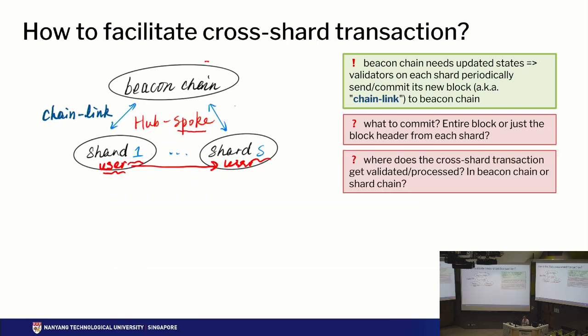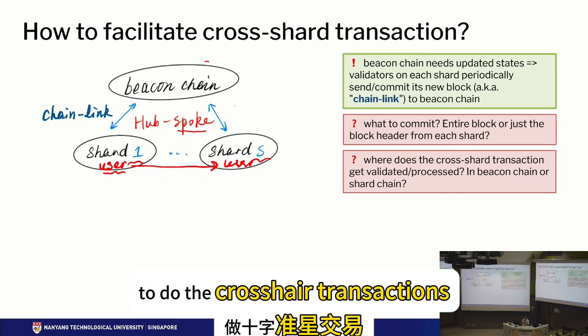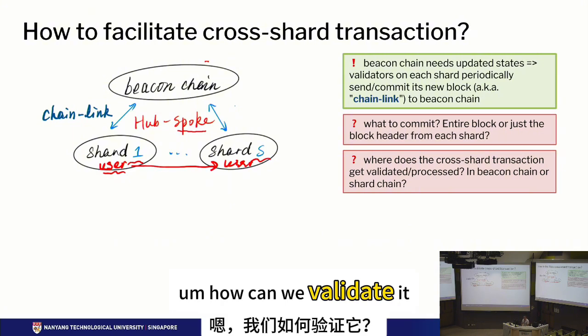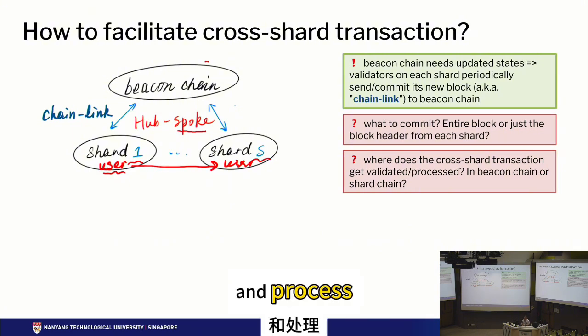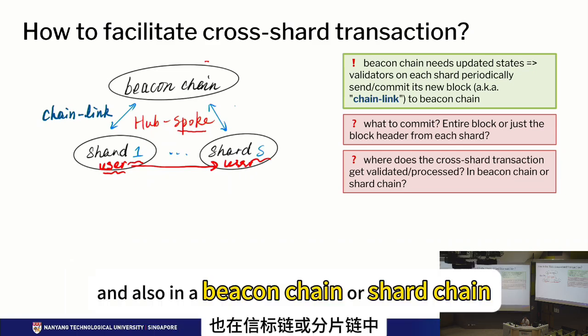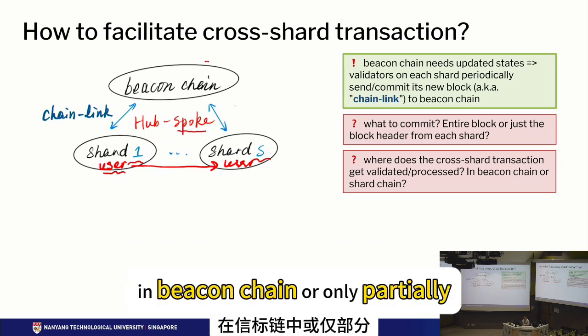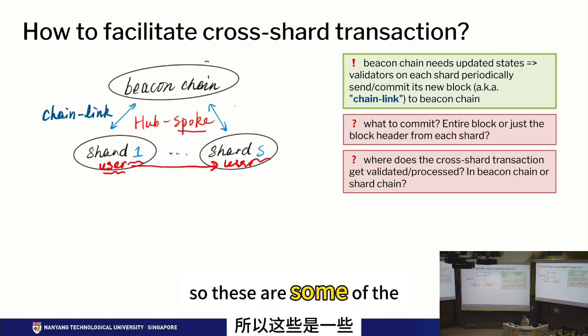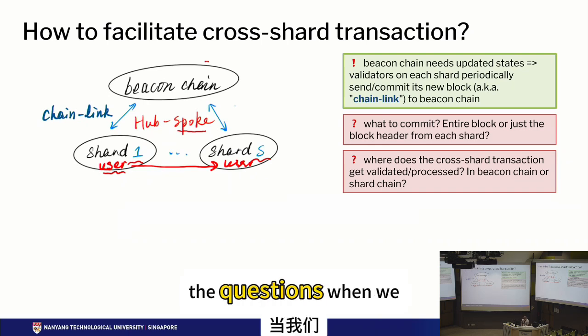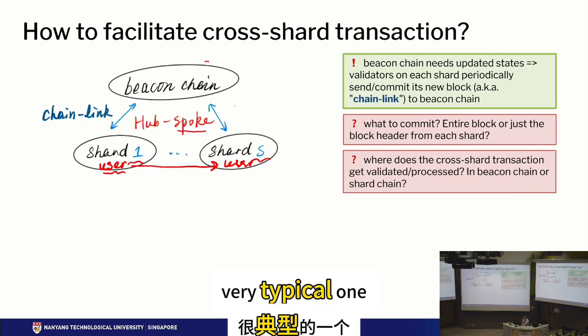Also, when we use this architecture for cross-shard transactions, how can we validate and process the validation and the data updates in different sharded blocks, and whether we should store all the data in the beacon chain or only partially. These are some of the questions when different protocols implement cross-shard transactions, very typical ones.